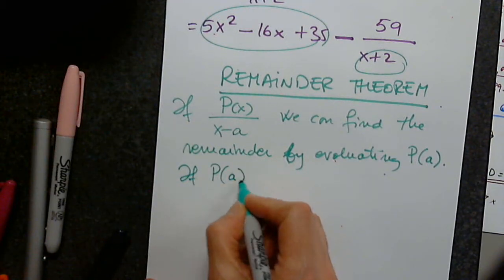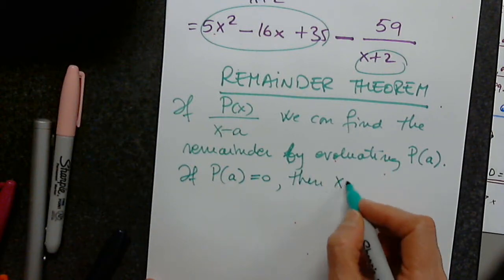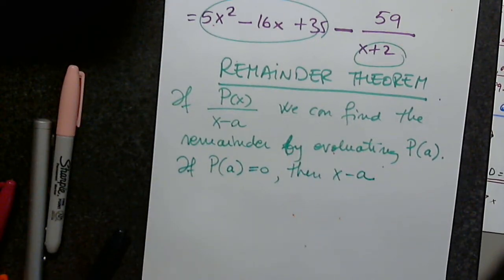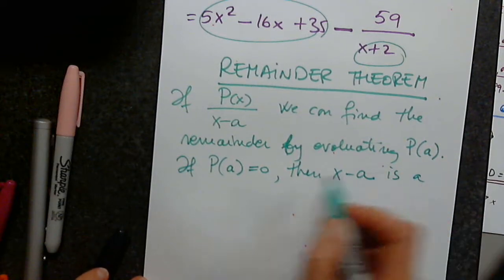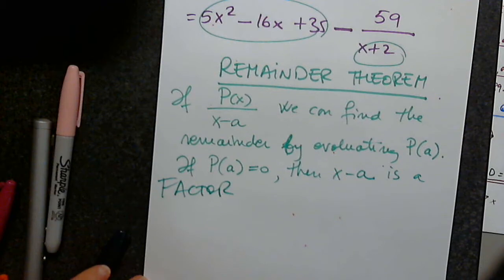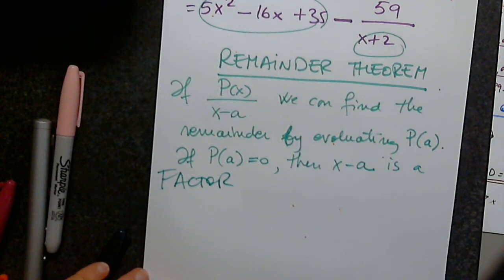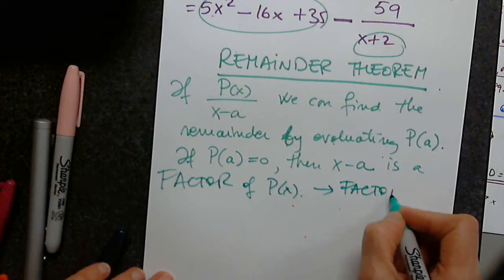If P of a is 0, then x minus a, again, you already told me this, but we didn't write it down, then x minus a is very good, a factor of P of x. So this is the factor theorem.